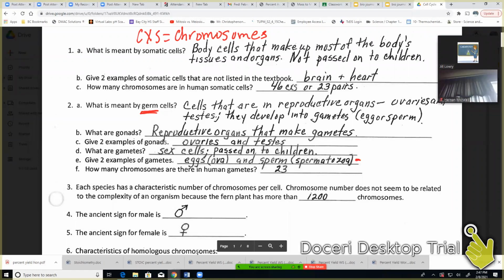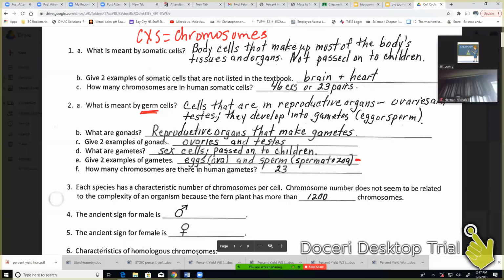I'll spell it out in case you have trouble. SPERMATOZOA. Much more often that is shortened to sperm.